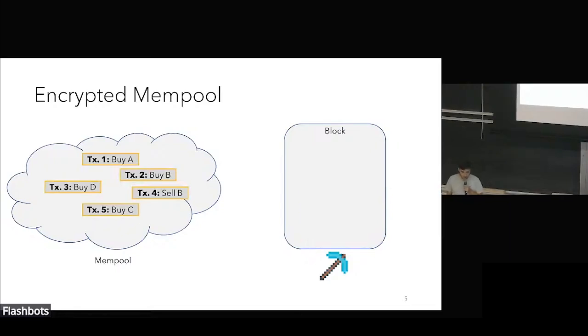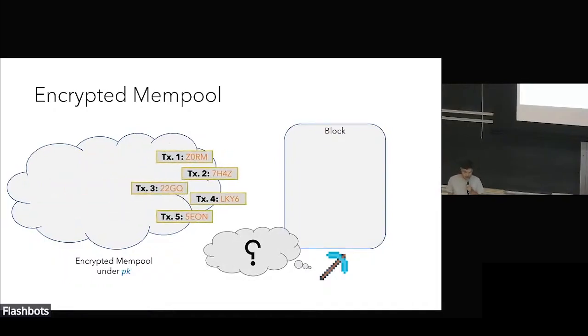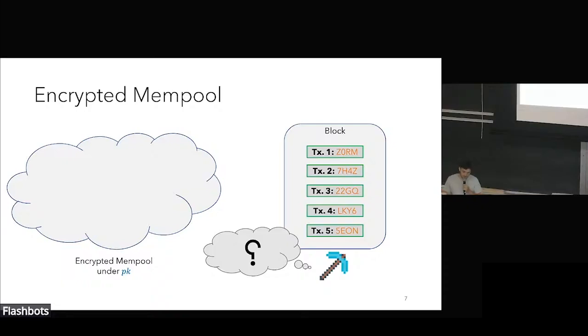So encrypted mempools try to prevent this issue by, instead of having users submit their transactions in clear, having users encrypt their transactions to some public key, PK. When the miner needs to assemble a block, he doesn't know the content of the transactions, so he needs to assemble the transactions in an arbitrary order.